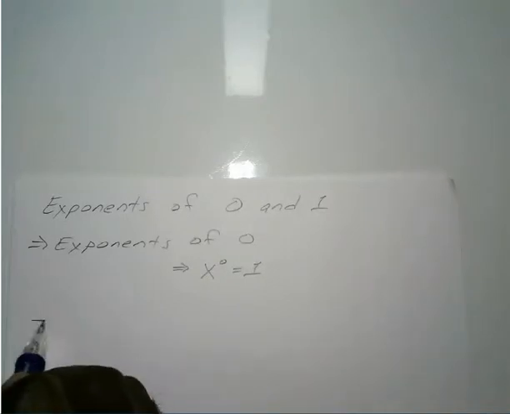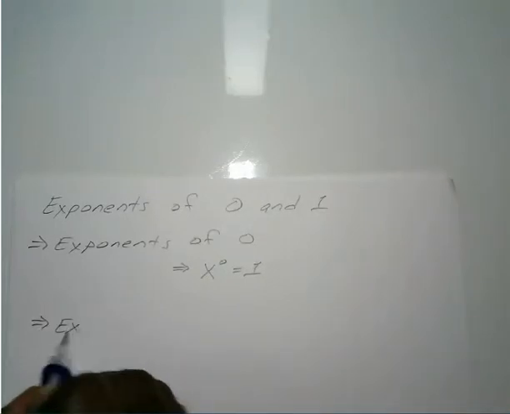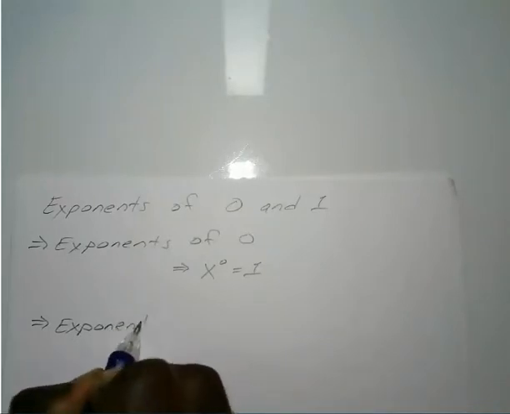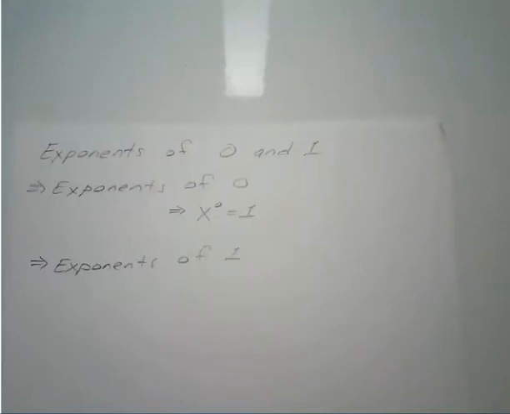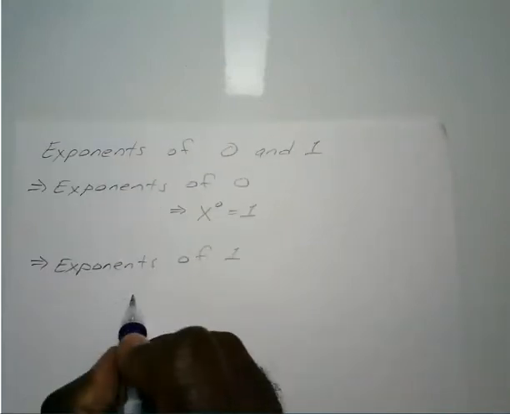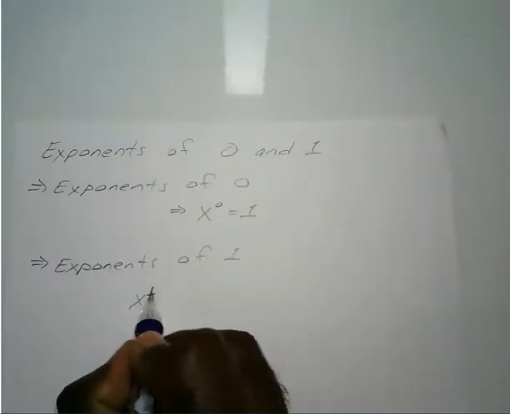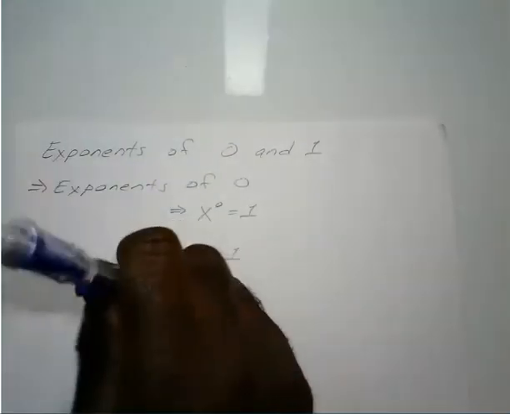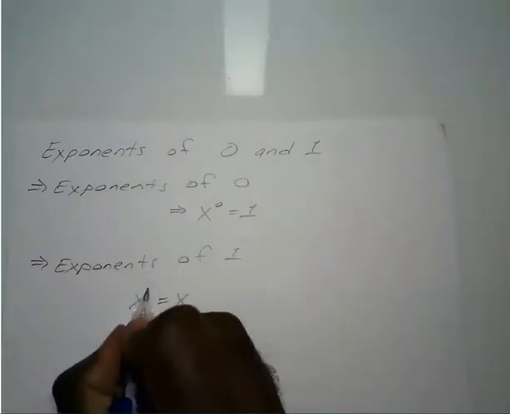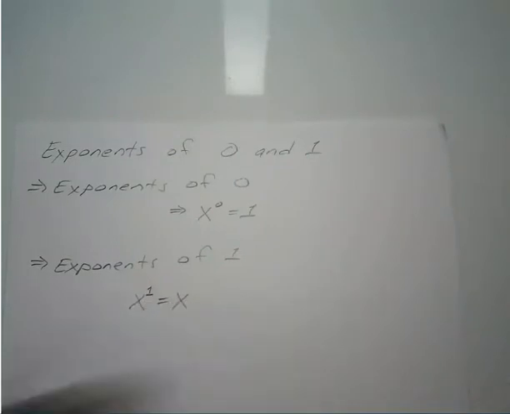Okay, now when you have exponents of 1, we actually covered that earlier. Anything raised to the first power is just equal to that value. Let me clean up that 1 a little bit. There we go.